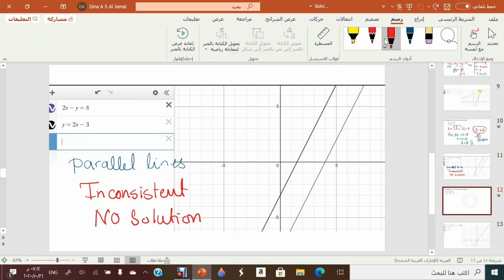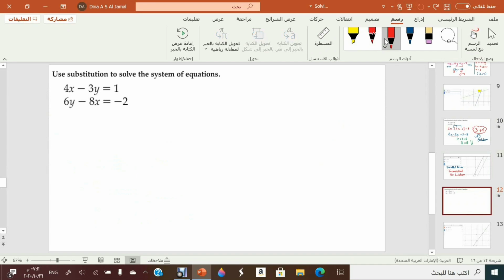Now, let's see this question. None of the coefficients are 1. So, what I advise you to do is that you can choose any of them and make it alone. So, I will be choosing the second one and I will be keeping y alone. 6y minus 8x equal to minus 2.